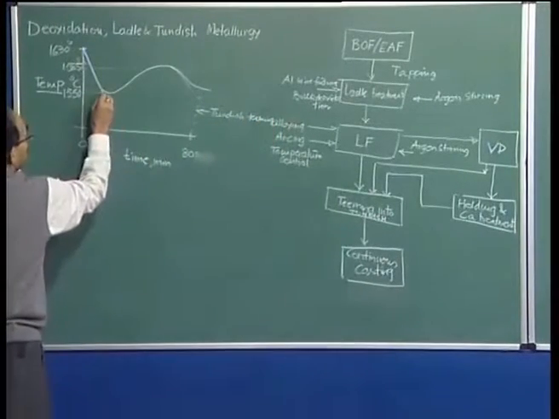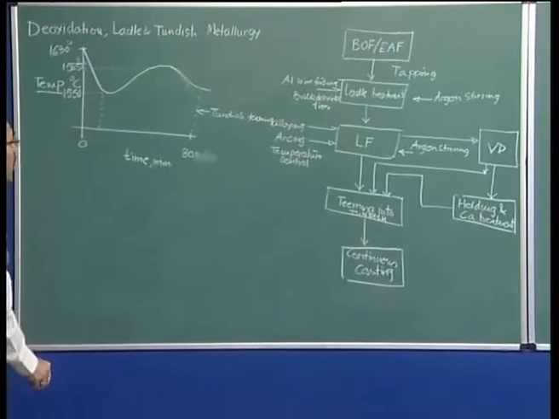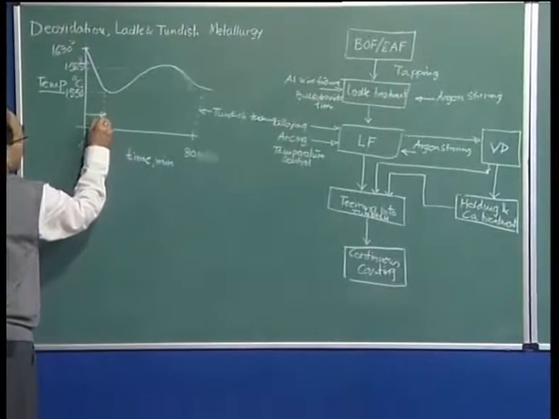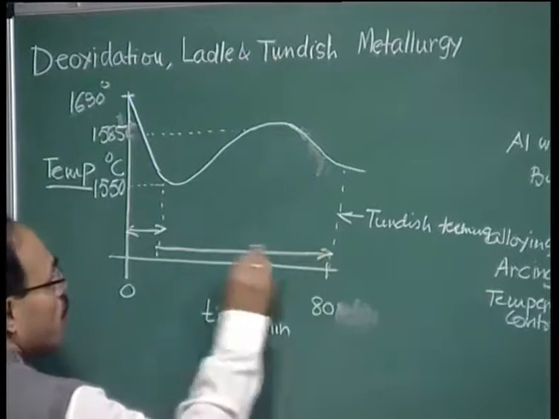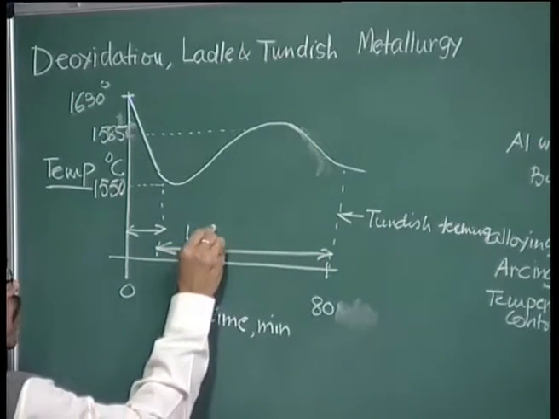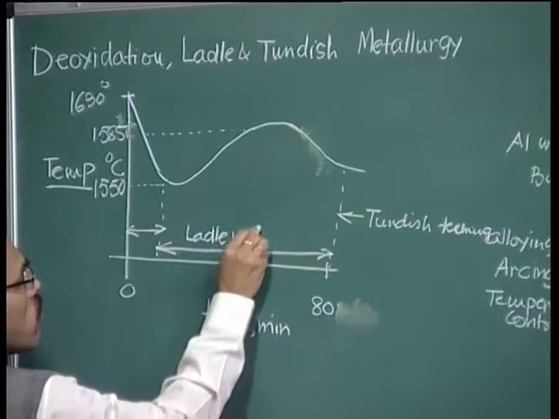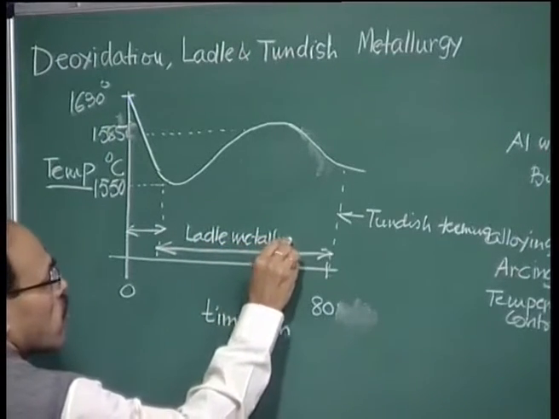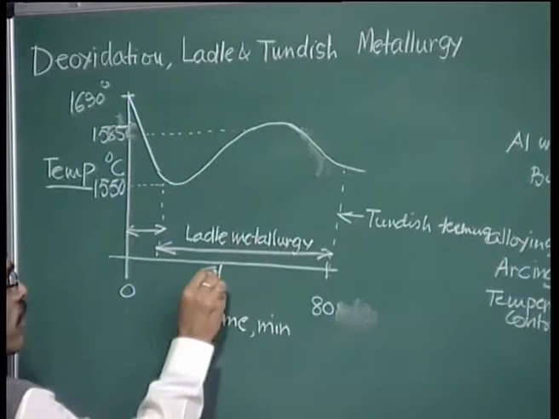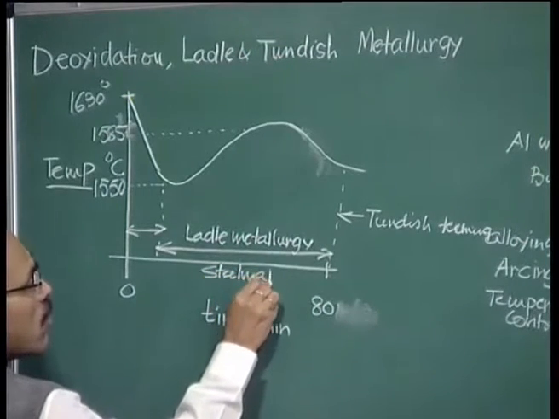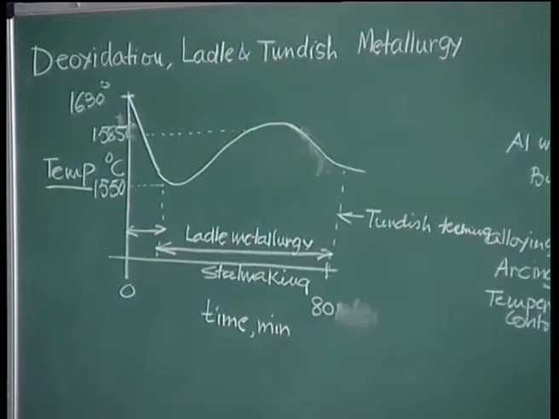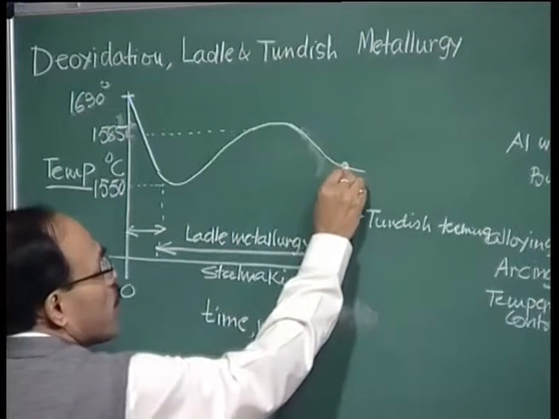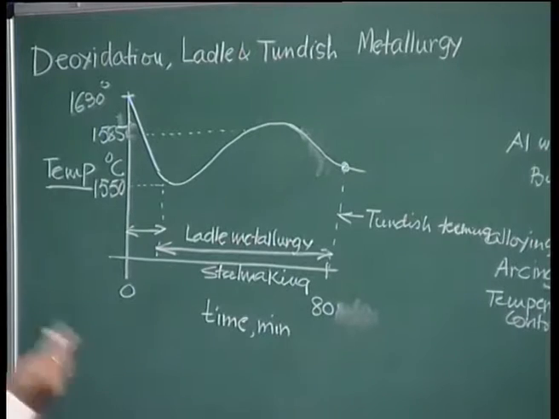This is the duration, something like 10 to 15 minutes of time, the tapping and holding in the ladle, and then this represents the duration of ladle metallurgy steel making, including physical transport.